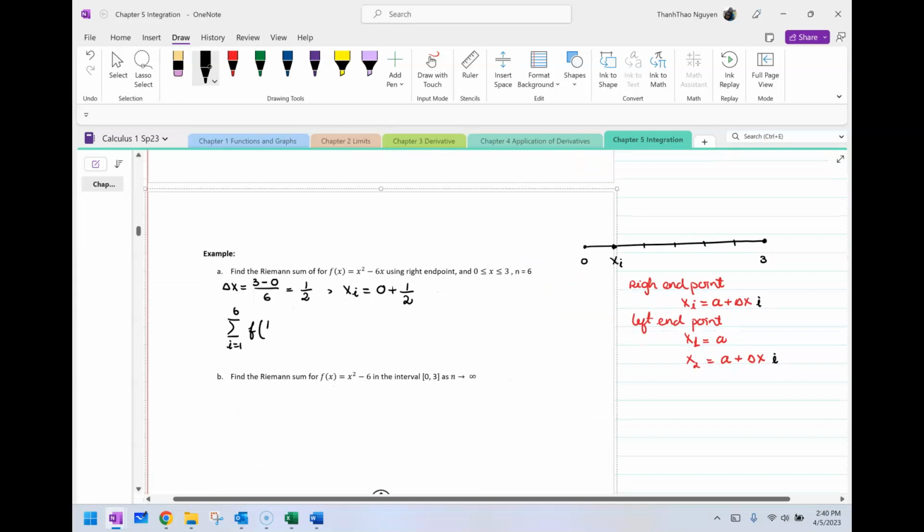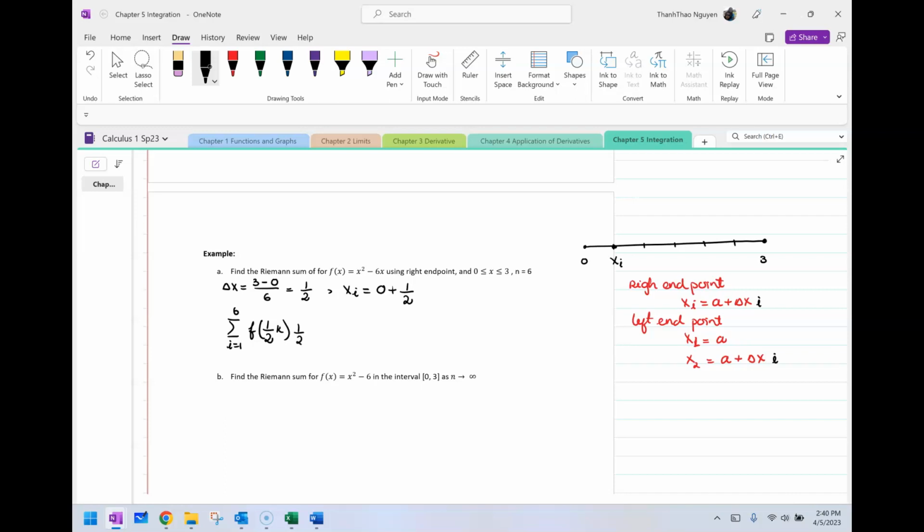So we look at 1/2 k times 1/2. So this is 1/2 times the sum of i equals 1 to sid of 1/2, and we want to use i, 1/2 i squared minus sid times 1/2 i, and this is our Riemann sum.